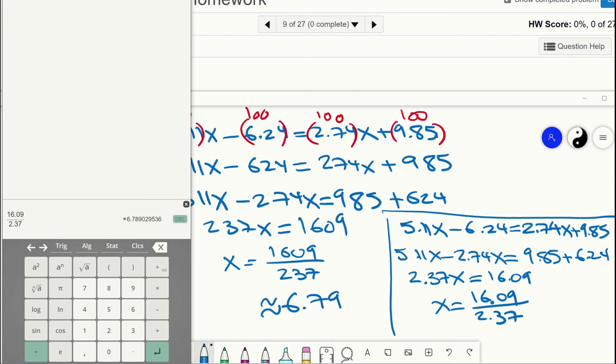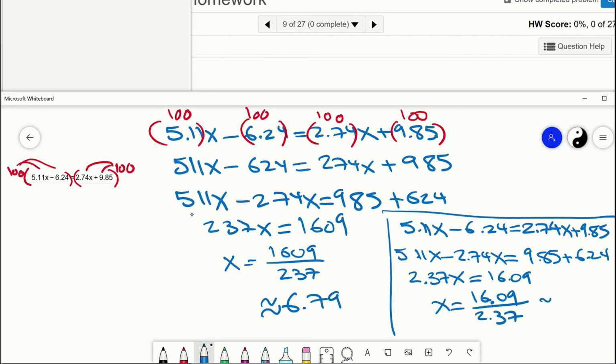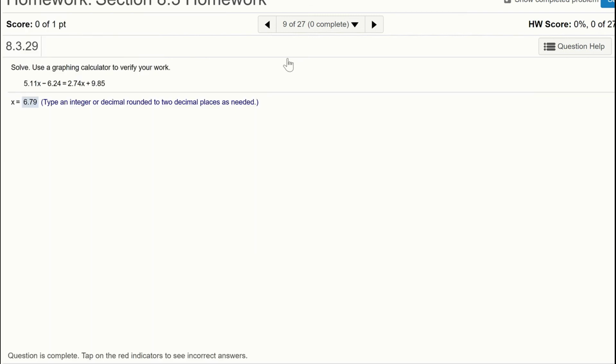And we end up with the same answer, of course, approximately 6.79. So you have a choice. You can clear decimals or not, okay?